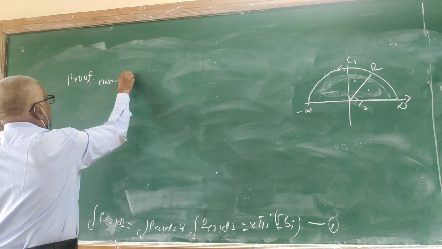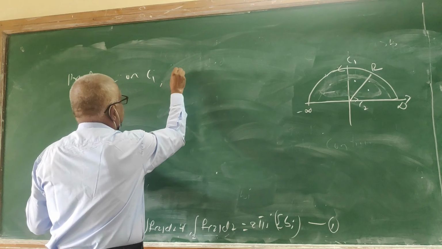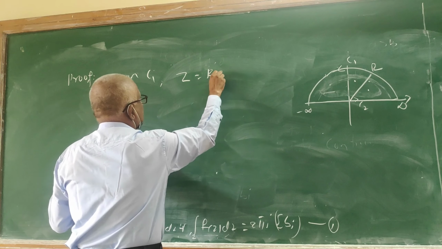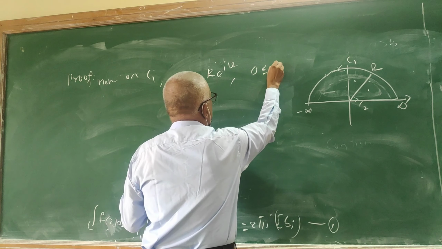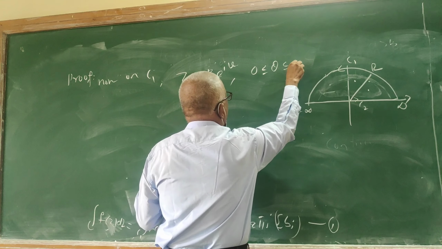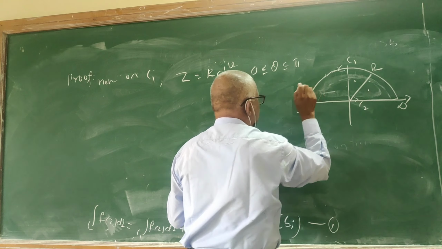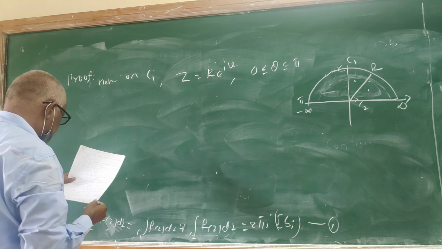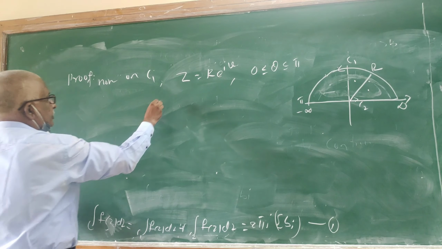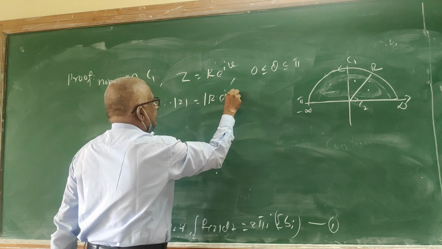Now, on C1, pick any point that is r e raised to i theta, where theta goes from 0 to pi in the upper half plane, because it is a semicircle. Therefore, mod z equals mod r e raised to i theta.